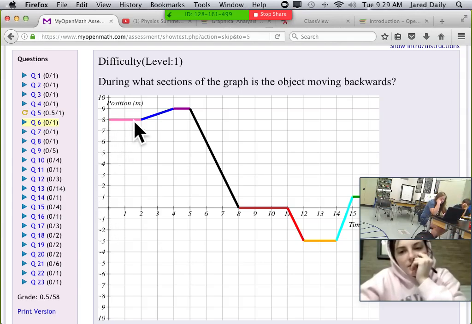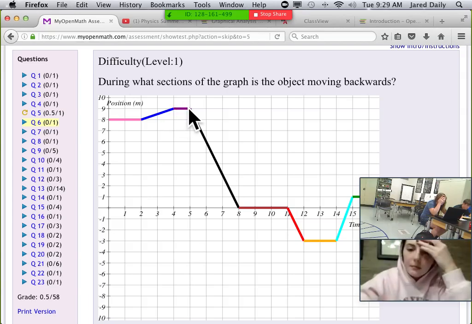And then we stay at 8 meters for 2 seconds, and then we move to 9 meters. So if you move from 8 to 9 meters, then you're going to be moving forward to the right, for that positive direction. And then we stay at 9 meters for a second, and then we go from 9 meters down to 0 meters. Now that is moving backwards.